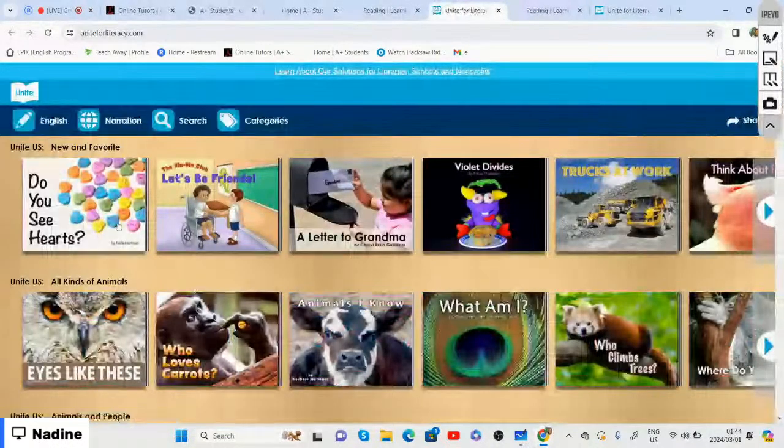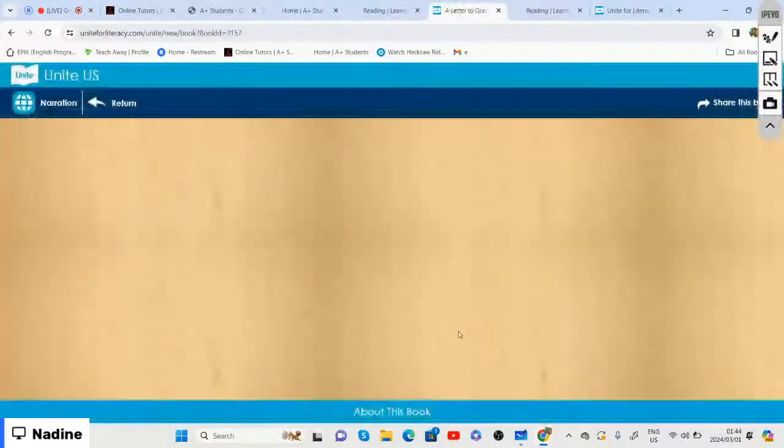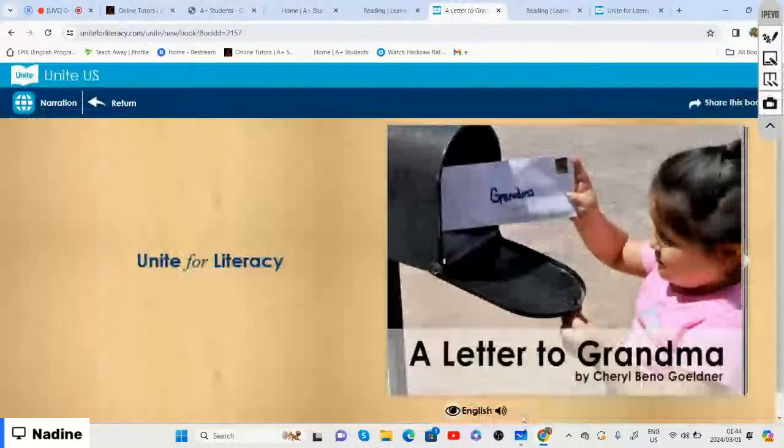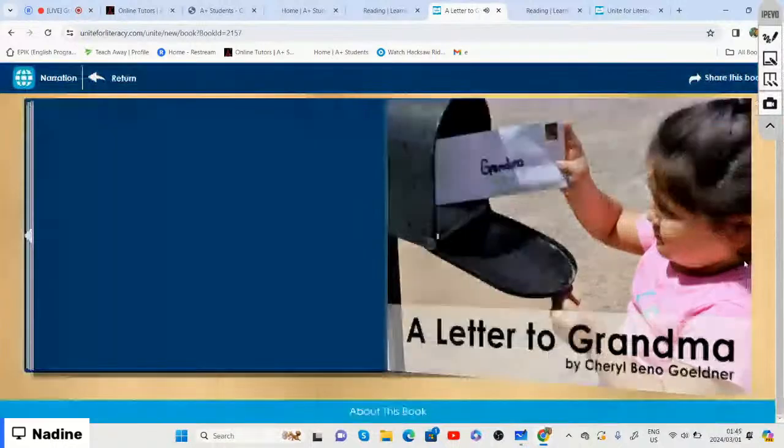We're going to read the book, A Letter to Grandma. So we can just listen to the pronunciation of the words, right, as well as the book. A Letter to Grandma by Cheryl Bino Golder.